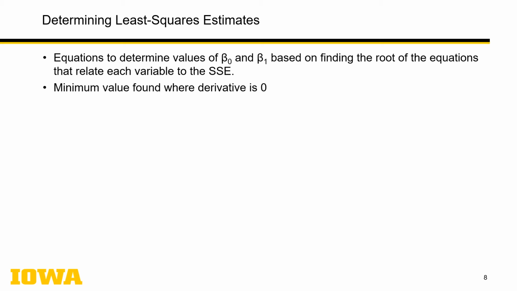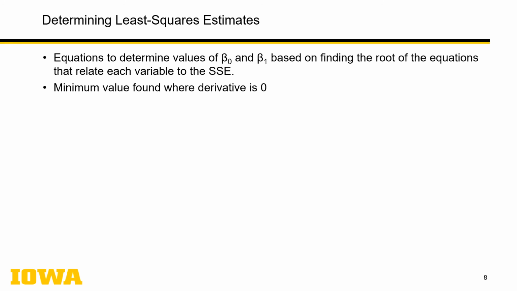Okay, let's get to that method as minimally as possible. So we have these equations to determine the values of beta naught and beta 1, based on finding basically the root of the equations that relate each variable to this SSE. So the minimum value is found where the derivative is 0.